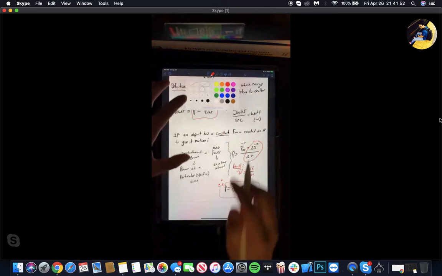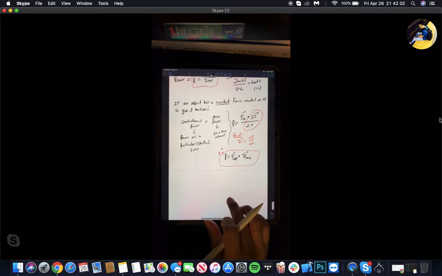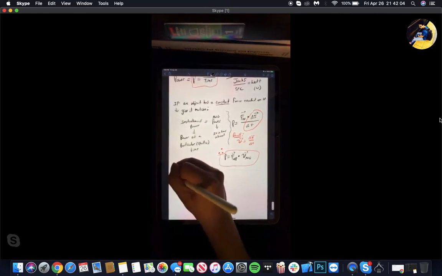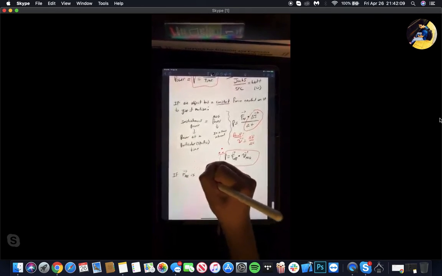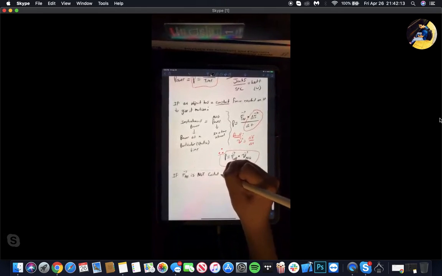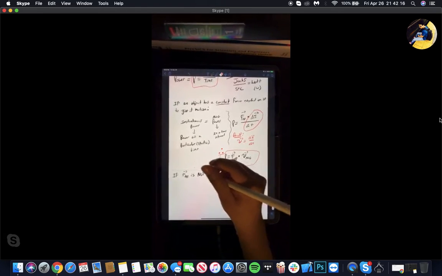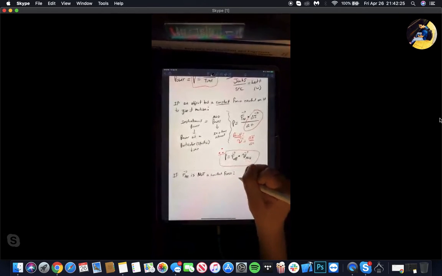But remember, this is just when there's a constant applied force. If it's not constant, you have to do something else. If F applied is in motion and is not a constant force, then you just take the integral.